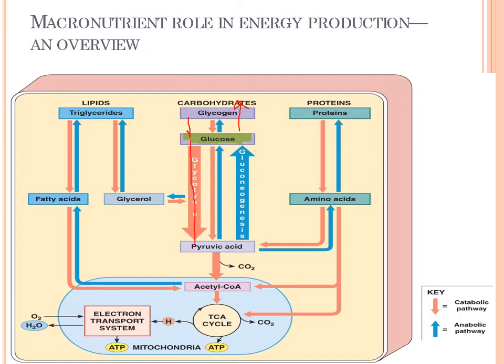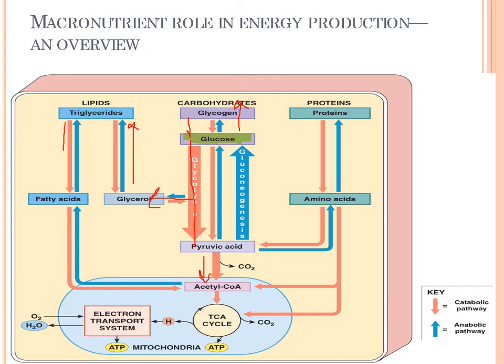Glucose can go through glycolysis and produce pyruvic acid. It can also produce glycerol. Glycerol can then be stored as fat up here as triglycerides. Or the pyruvic acid could also go down through the Krebs cycle and create ATP.